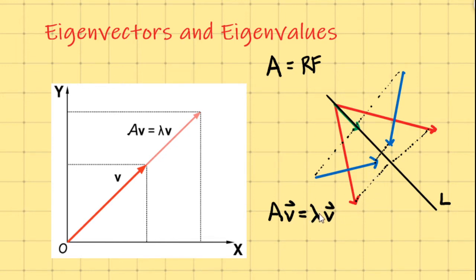Now this scalar here, lambda, the Greek letter lambda, is what's called the eigenvalue. It's the scaling factor. So in our scenario here with the little green vector under reflection transformation, lambda is actually equal to 1 because it's not scaled up or down, it's the same size as it was.